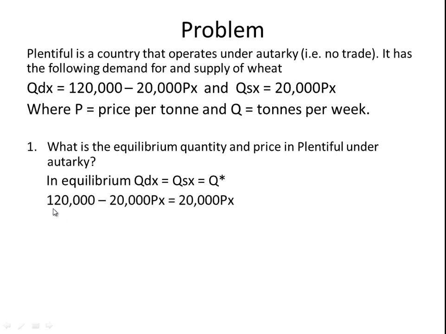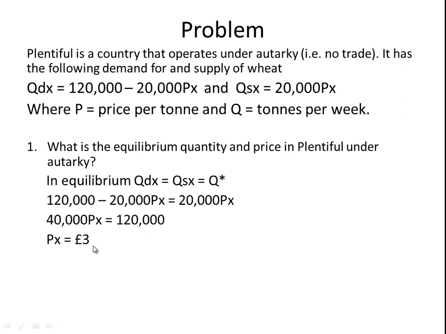So 120,000 minus 20,000 PX, which is our demand function, equal to 20,000 PX, which is our supply function. A little bit of rearranging, 40,000 PX, and clearly what we've done there is added 20,000 PX to either side and then just rearranged it. 40,000 PX equal to 120,000, so clearly PX is equal to £3.